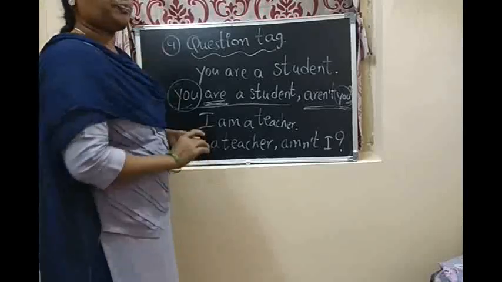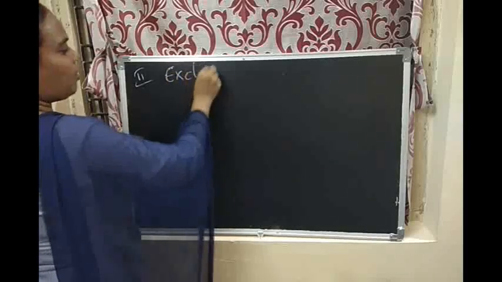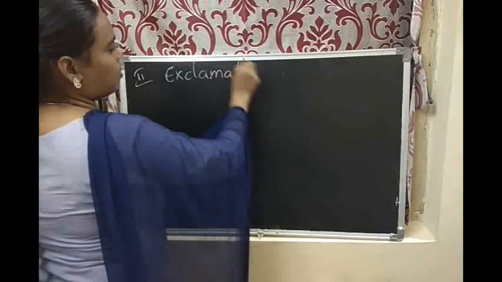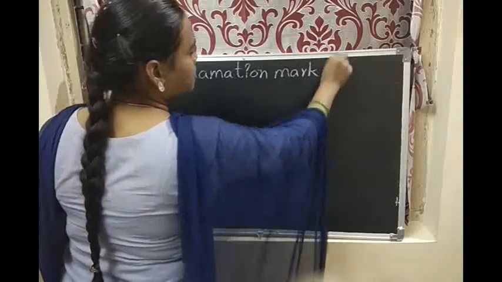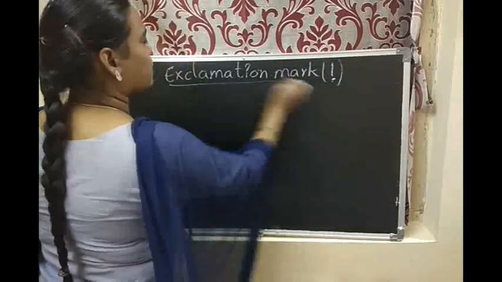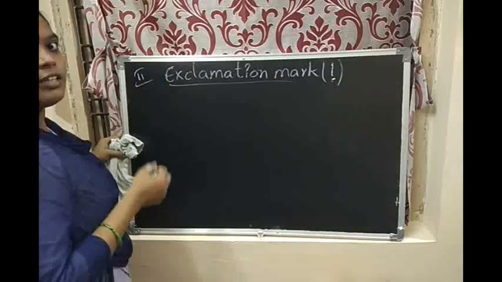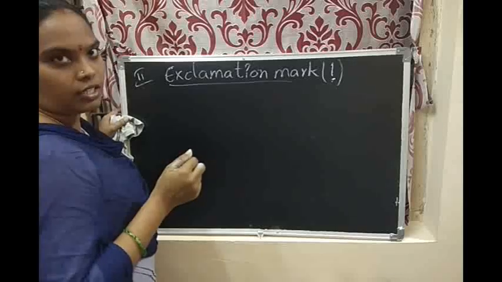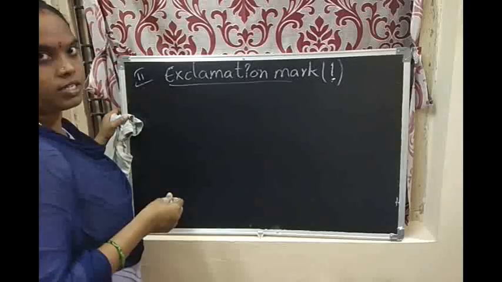Yes. What is the second one? Exclamation mark. So, exclamation mark means where we have to use it actually. Already we have learned this in parts of speech, interjection. Yes or no? In interjection we use exclamation marks.